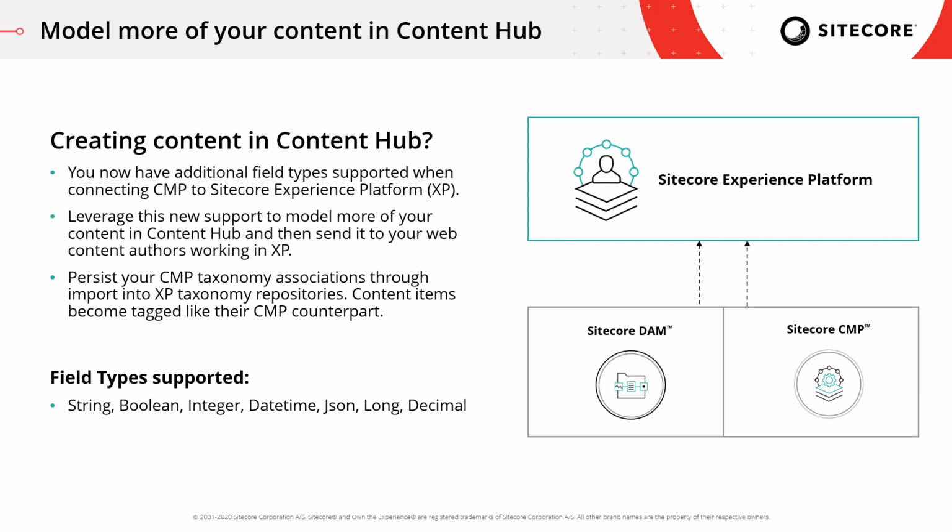With support for additional field types, this allows marketing teams to centralize more of their content creation into Content Hub and still leverage this with their web teams. Now, with the addition of a taxonomy import, marketing teams can also make sure that the taxonomy associations they make in Content Hub will persist into the content items in the Sitecore Experience Platform.